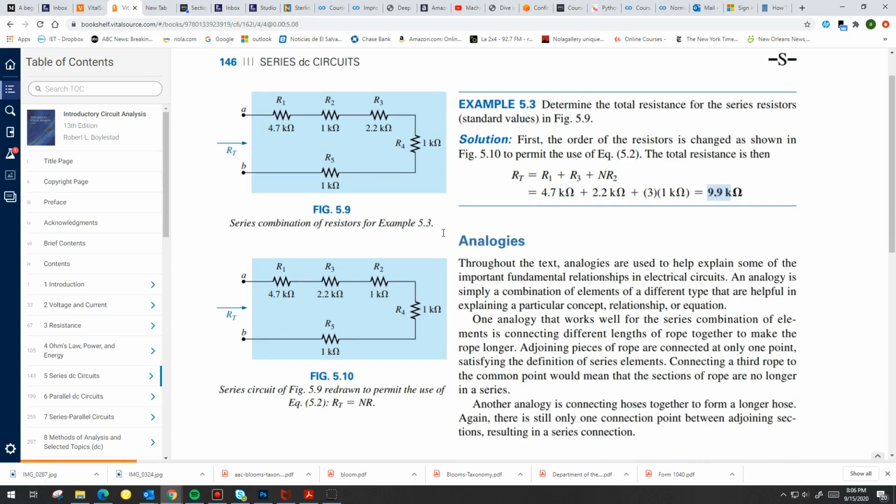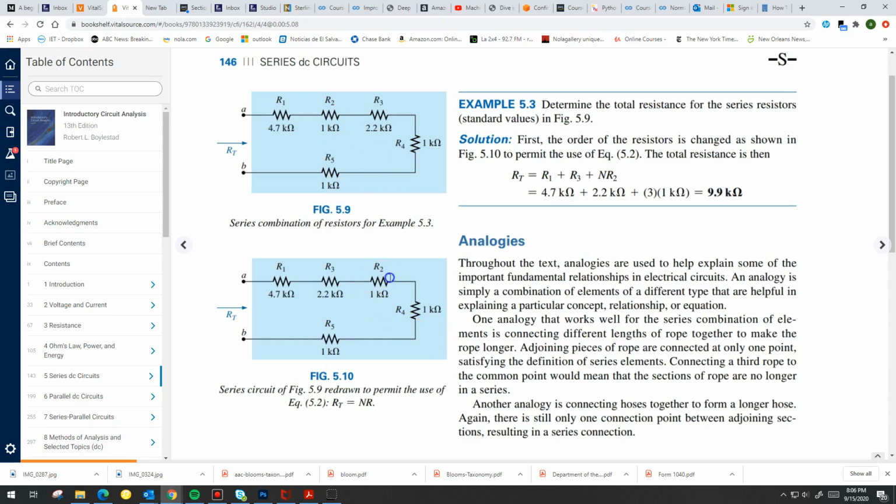So again, if I redraw the circuit, like if you look at figure 5.9 and 5.10, the total resistance is going to be the same. It's not going to change anything. And again, the fact that these resistors in figure 5.9, R2 and R4, are not directly connected, it doesn't mean that I cannot combine them. I can combine them as well.